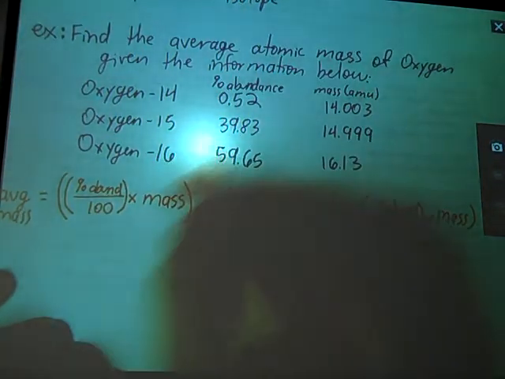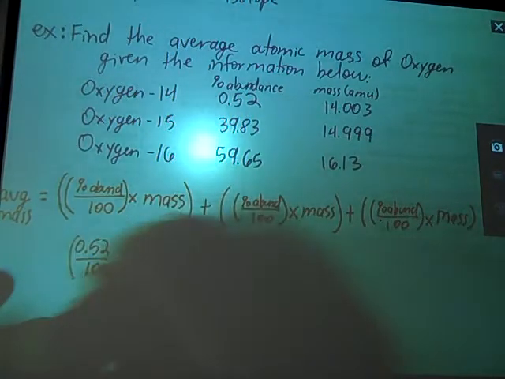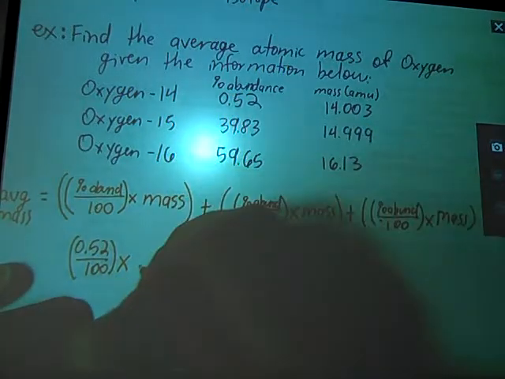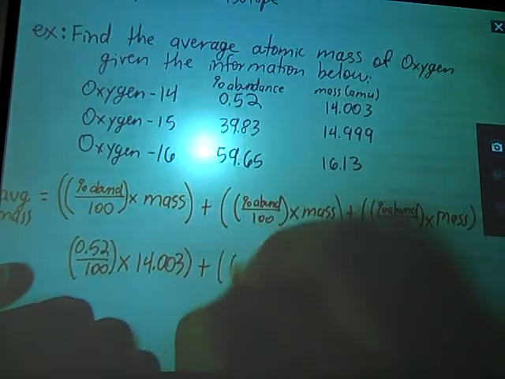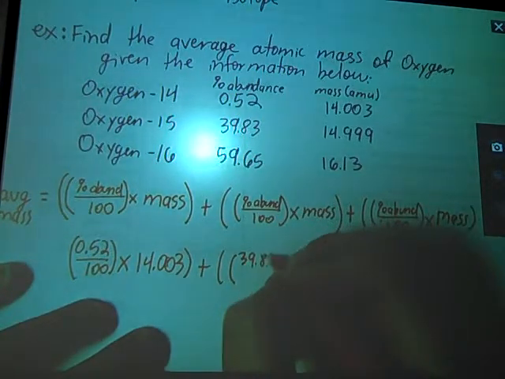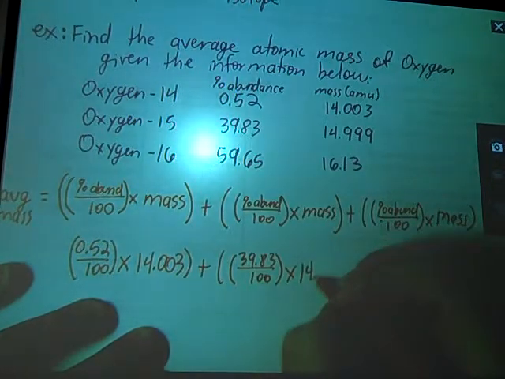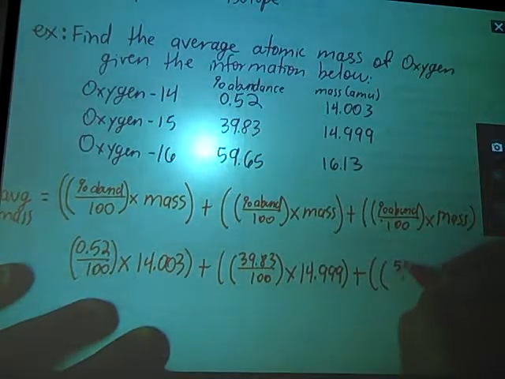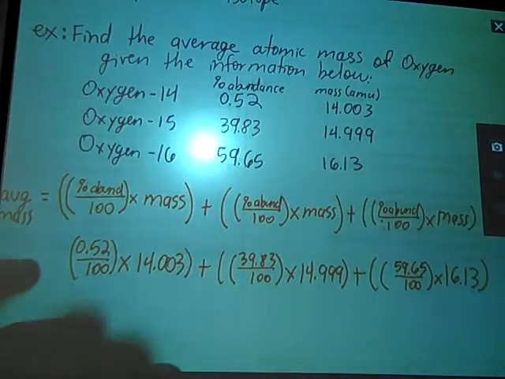So I have my first percent abundance here is 0.52 divided by 100 times the mass that goes with 0.52, which is 14.003, plus my next term, 39.83 divided by 100 times its mass, 14.999, plus 59.65 divided by 100 times its mass of 6.13.